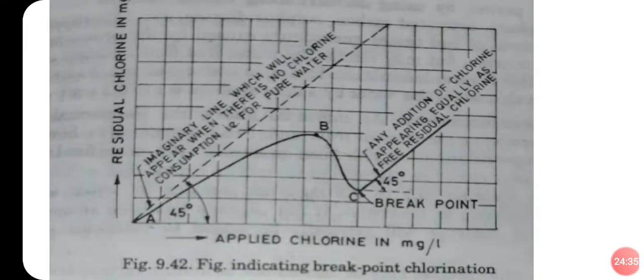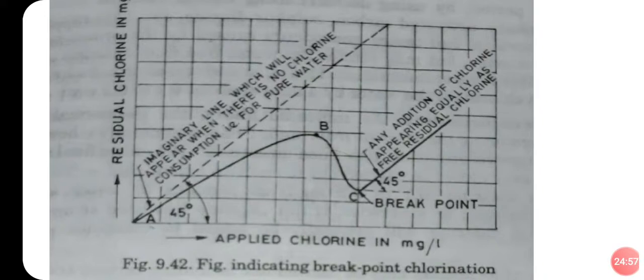The dotted line is at 45 degrees: if it is pure water, there is no ammonia, no bacteria, no organic matter, therefore whatever chlorine you apply is available as residual chlorine. So that dotted line indicates that there is no consumption of chlorine for any reaction.